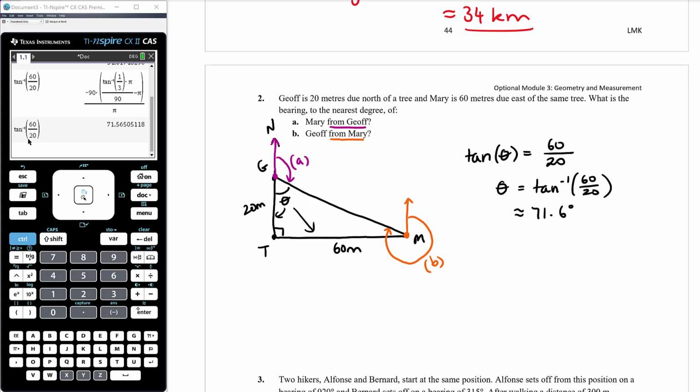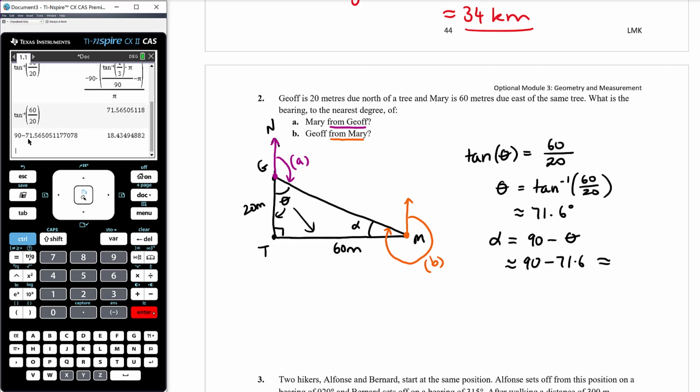And so if theta is 71.6 degrees, then that angle in there, alpha, is going to be 90 degrees minus theta. 90 minus 71.6 is 18.4.